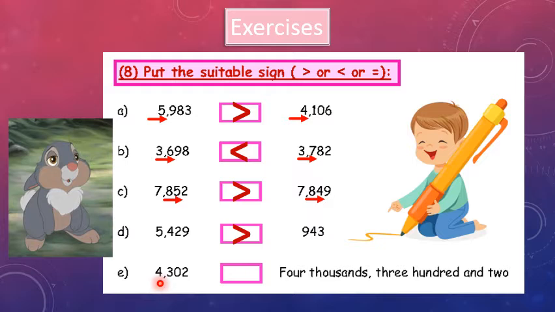We have 4,302 on the left side, and on the right side we have a word form. We must change this form into standard form first, then make our comparison. Here we have 4,302. Then the two numbers are the same, so it will be equal.